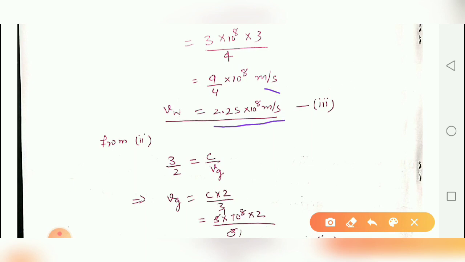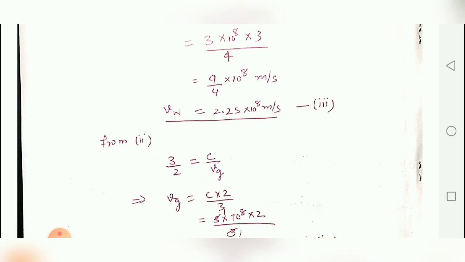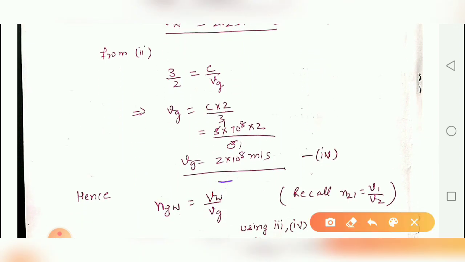This is our equation number 3. Now from equation 2, after putting in the values we find the speed of light in glass as 2 into 10 raised to power 8 meter per second. This is our equation 4.